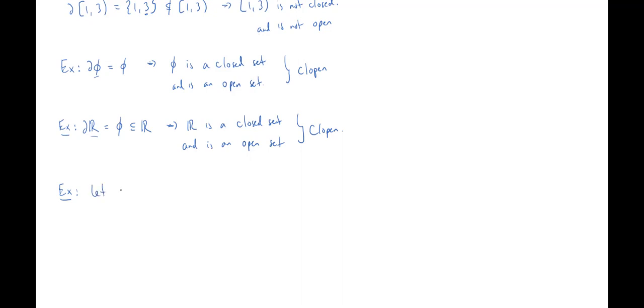This last example is I'm going to take some element x of the real numbers, and I want to consider the singleton set. This is a set with just one element, namely this element x. I'd like to know if this is a closed set. So I want to compute the boundary. Well, let's draw this on a number line. There I have my x, and I'm going to put some coin around it.